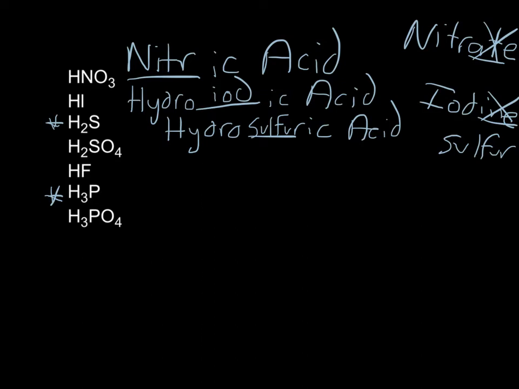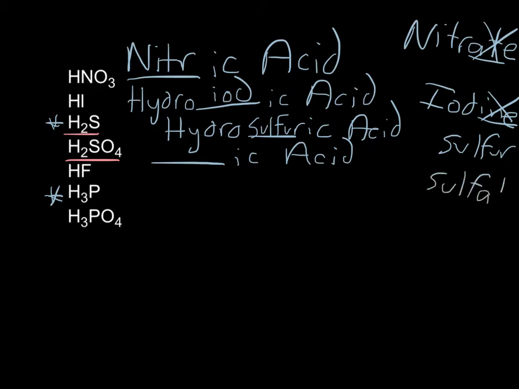So hydrosulfuric acid. The reason why I put these two next to each other is because they're named very similarly, but they have two different formulas. H2S does not have an oxygen. That's why it starts with hydro. The next one does, so it's just going to be something-ic acid. I have to, in some way, shape, or form, know what SO4 is.